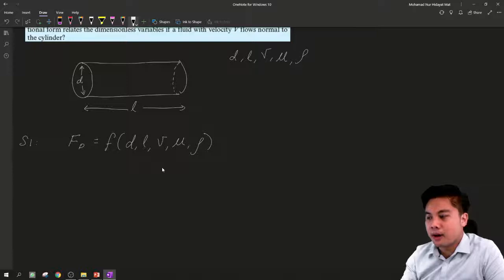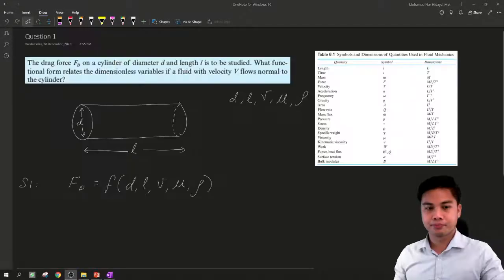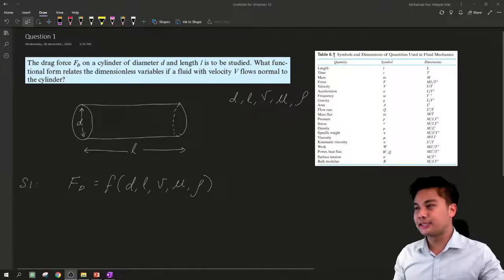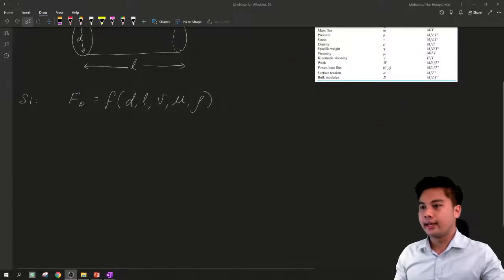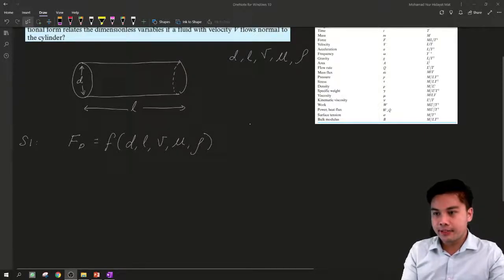Based on this, we refer to table 6.1, which shows the symbols and dimensions of quantities used in fluid mechanics. Here d is diameter, which has the dimension of length, L. And here we just need to locate everything.